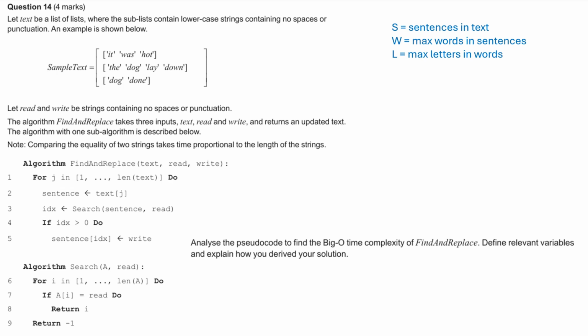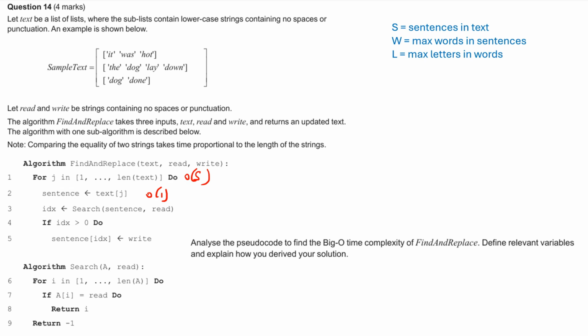I'd say these ones. So just go through from the top. For j in 1 to length of test, so this is happening S times. When we assign the text to the sentence, that is O of 1. And then we're calling from line 3, we have to go down to this thing here.